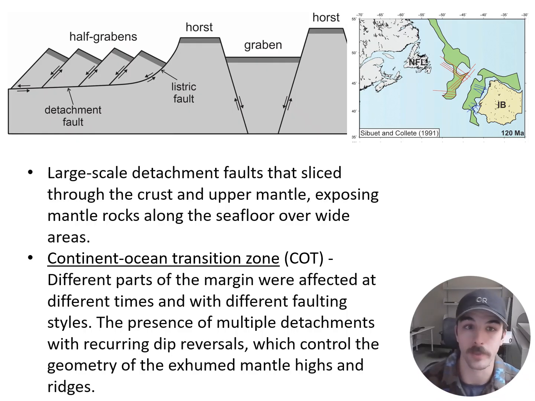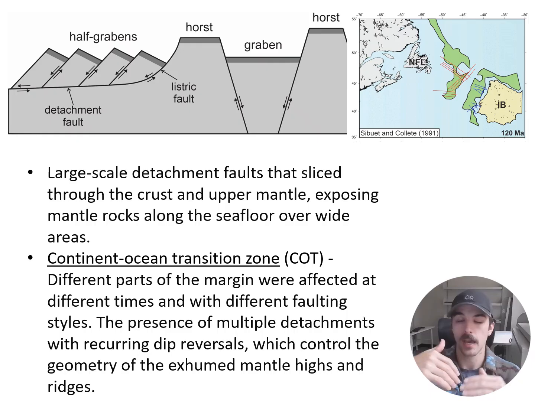I have another figure up here showing you what a detachment fault looks like, and this is essentially where you have a bunch of half-grabens, so think sort of similar to a normal fault basin, but there's been so much extension there that they've actually separated from the underlying bedrock below, or the lowermost part of the crust, and are now faulting along that bottom portion as well. This is very characteristic of passive margins.